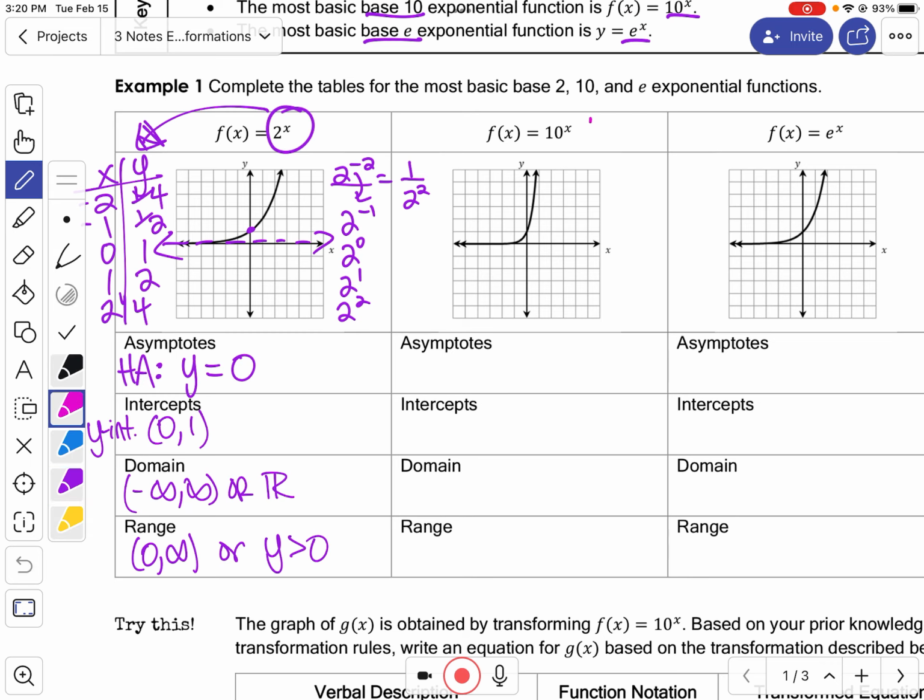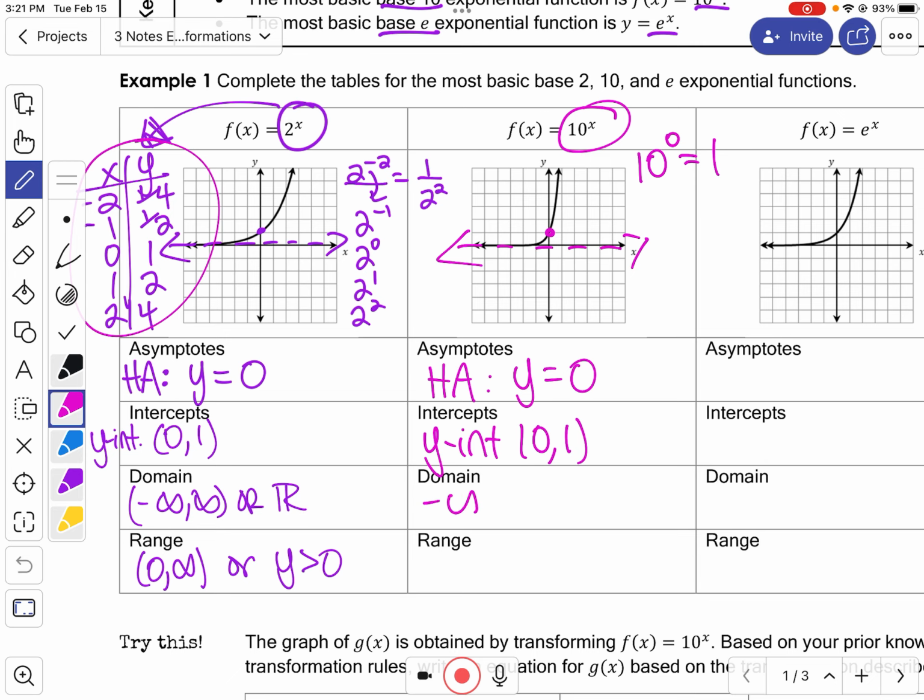The reason for that is because, remember we said on the last one, anytime I raise something to the 0 power, it always equals 1. So looking at our graph, notice this would be domain, all real numbers, or -infinity to infinity. And then your range, it's also the positive values, so either 0 to infinity or y is greater than 0.